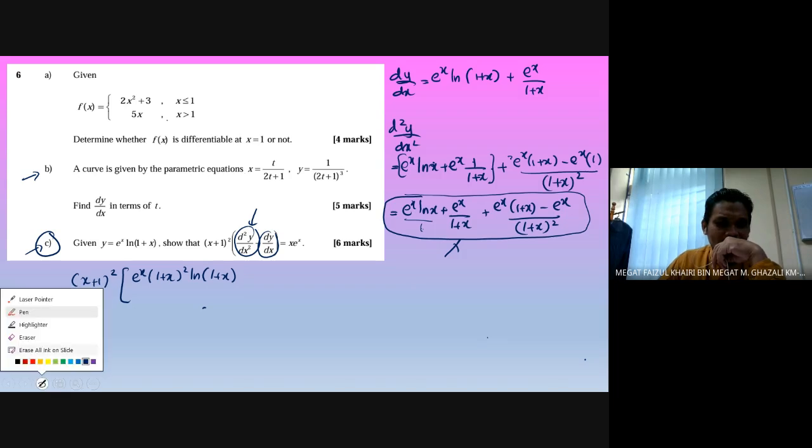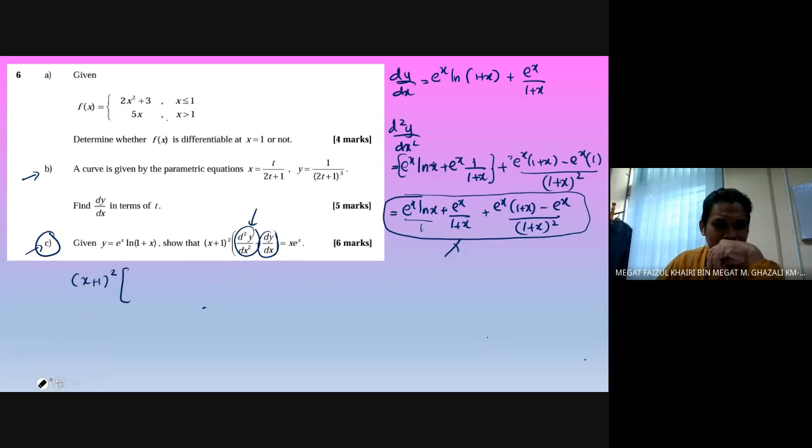Okay, kelas saya rasa macam saya tak dapat teruskan lah. This supposedly, banyak sangat ln x, e^x ln(1+x) here, and also e^x ln(1+x). Okay, so this is the one.